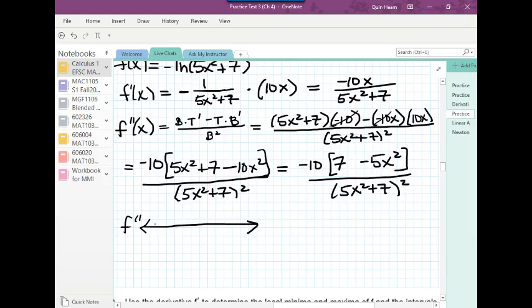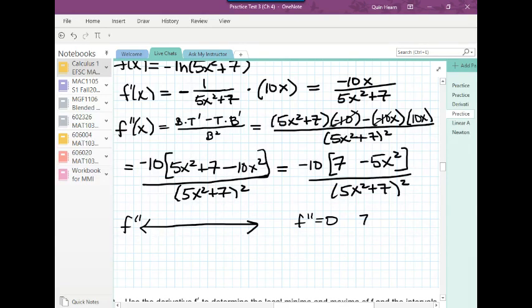And what's left behind is 5x squared plus 7 minus the positive 10x squared over 5x squared plus 7 squared.